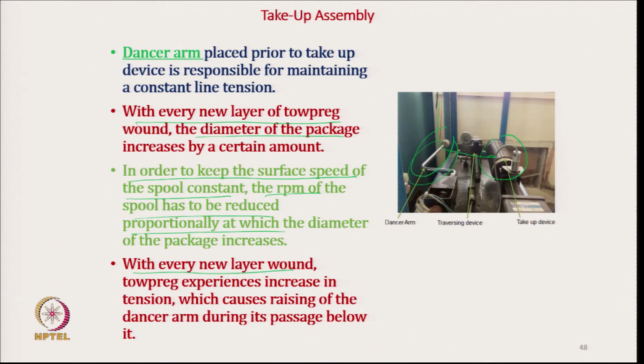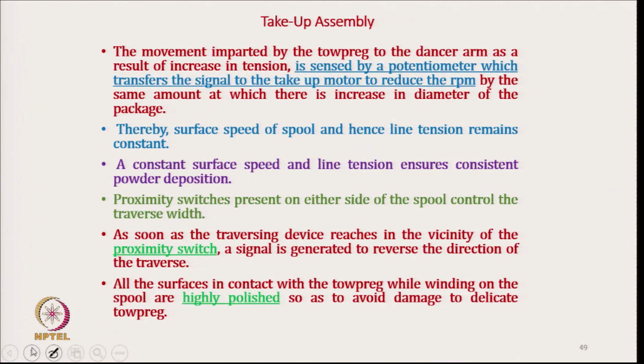With every new layer, the toe preg experiences an increase in tension, which causes raising of the dancer arm, and then subsequently it controls the speed. So, that has been explained here, and the proximity switch controls the width of the traverse.